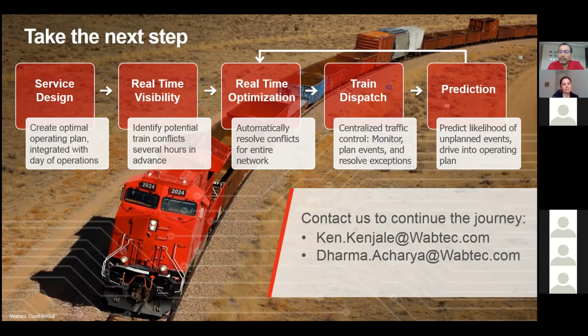Ken, would you like me to answer first? Sure, you can. That's not a system we directly influence, so I just want to be careful that we don't speak for the owners of the PTC enterprise. However, the PTC is going to provide more accurate information on where the trains are and what the train consists are.